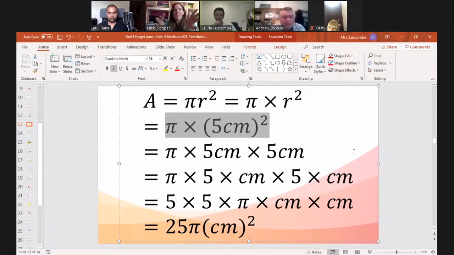We'd say that's 5 centimetres squared, but actually we'll also say that it's 25 centimetres squared. We're still saying centimetre squared for both of them, but they're different ways of writing. So should we say 25 square centimetres rather than 25 centimetres squared, because we've already done the squaring? Does that make sense? Yes.